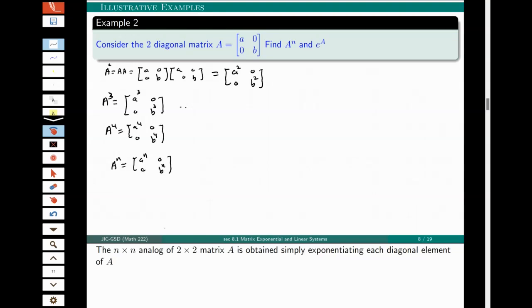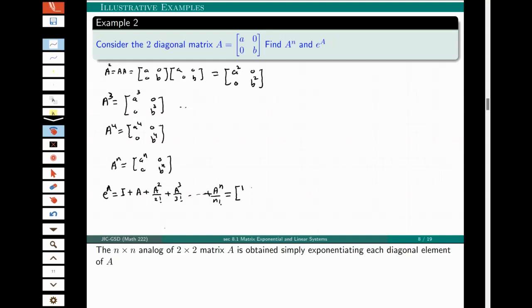Now, if I want to find e to the power a, according to our rule, e to the power a is the identity matrix, then the matrix a, then the matrix squared over 2 factorial, and so on, cubed over 3 factorial, and so on, until a to the power n over n factorial.